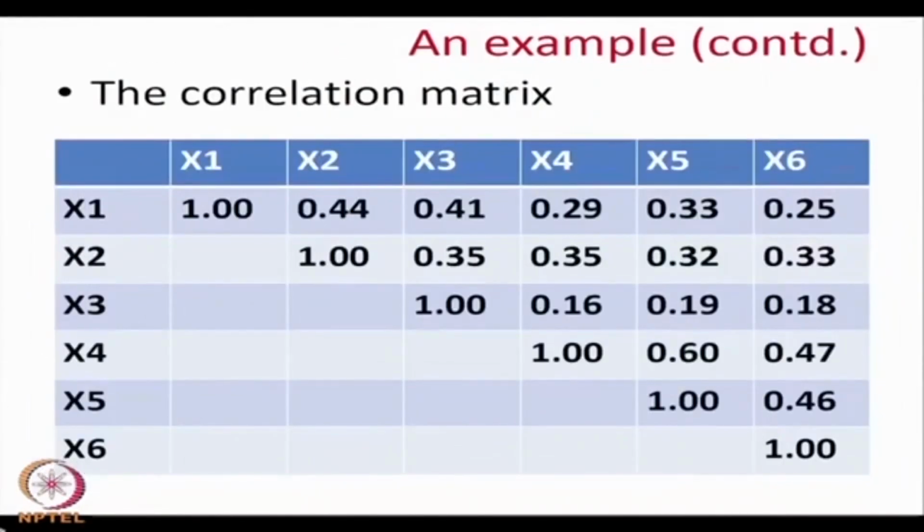Then the immediate step is to look at the correlation matrix. If I go by the correlation coefficients between the variables, there are a few variables with correlation more than 0.3. For example, x1, x2 0.44, 0.41 like this. 0.60 is the maximum. So, from the correlation matrix also you can find certain clues whether to go for factor analysis or not.